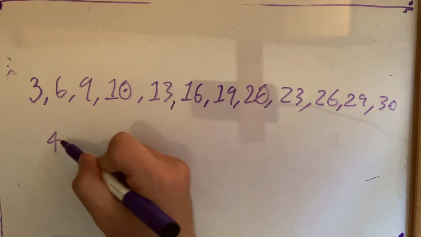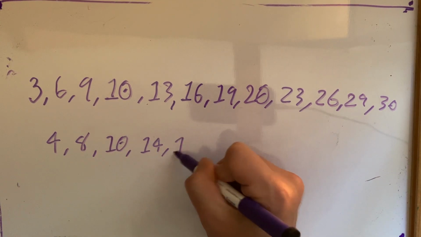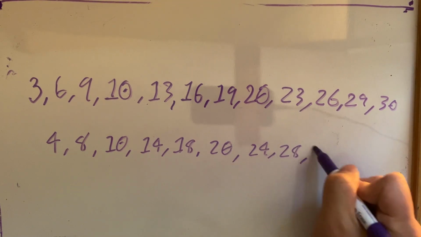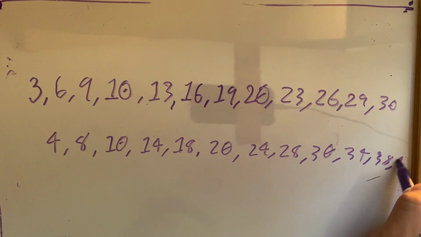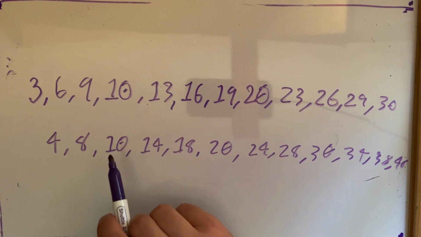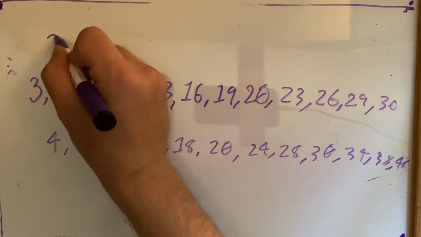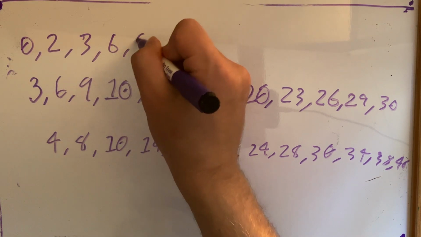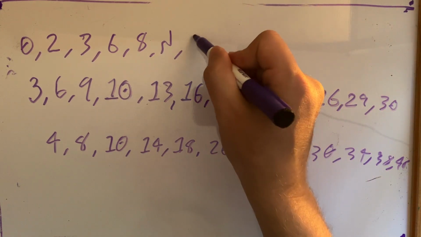Same with 4. 4, 8, 12, 14, 18, 20, 24, 28, 30, and 34, 38, 40. Any whole number ending in either 0, 4, or 8 will always be evenly divisible by 4. Just like how any number ending in 0, 2, 3, 6, 8, 10 will always be evenly divisible by 2.